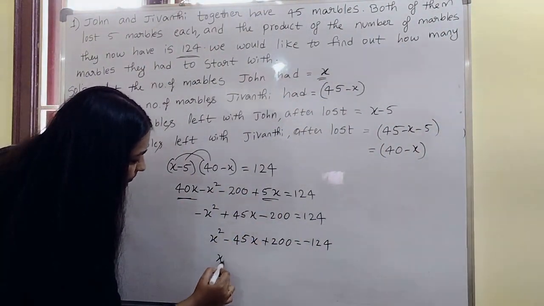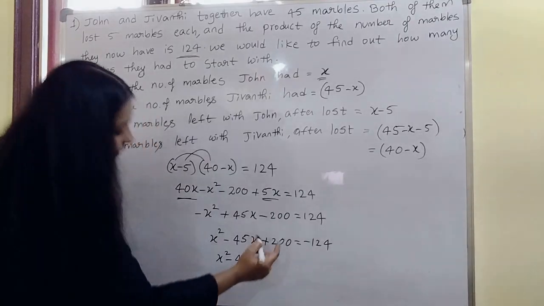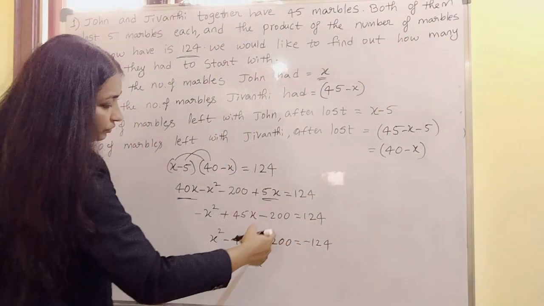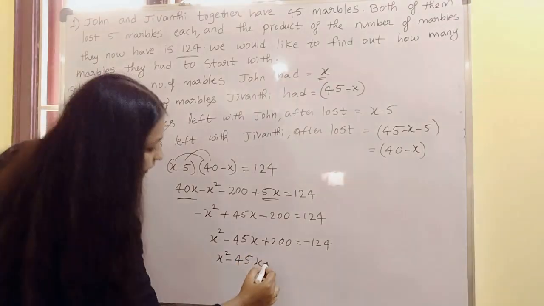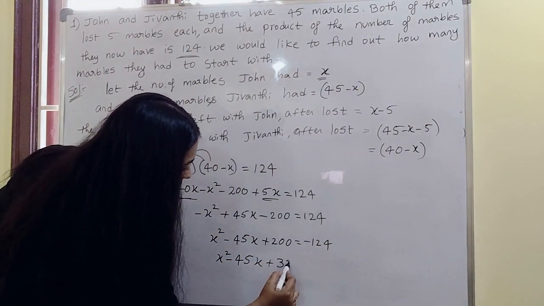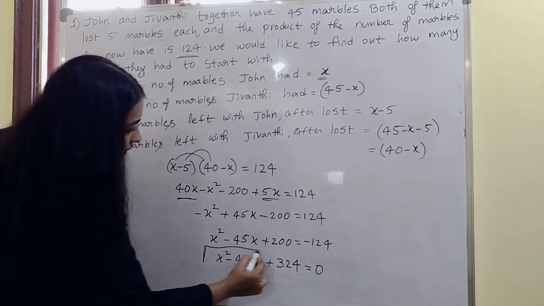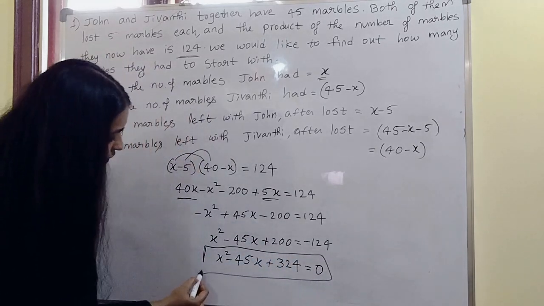Now further you simplify, x square minus 45x, I am taking this minus 124 to the left hand side, it would be 200 plus 124, that is 324, is equal to 0. Okay, so look at this expression.